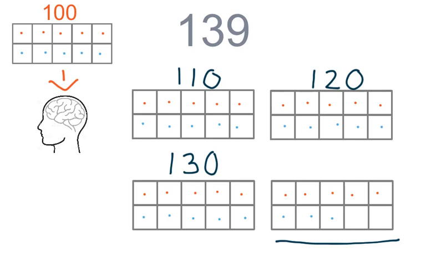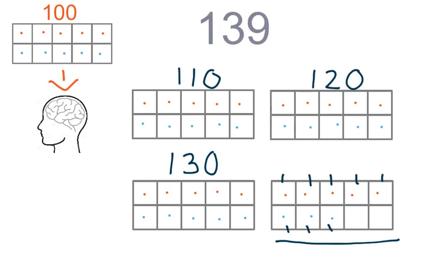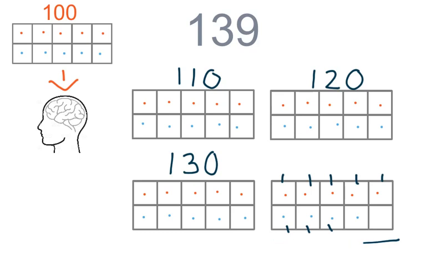After 130, we'll count by ones. 131, 132, 133, 134, 135, 136, 137, 138. But our number today is, that's right. So we need to add one more dot. Now it shows 139. Next, let's look at 139 on our chain with links.